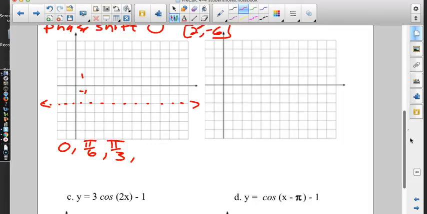Reduce it. We added 1 pi over 6. This was 2 pi over 6. The next one will be pi over 2. 3 pi over 6. Add another one. 4 pi over 6, which reduces to.